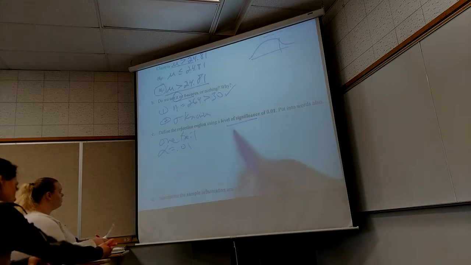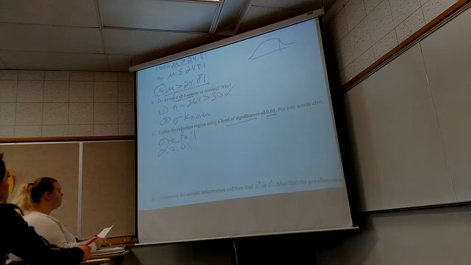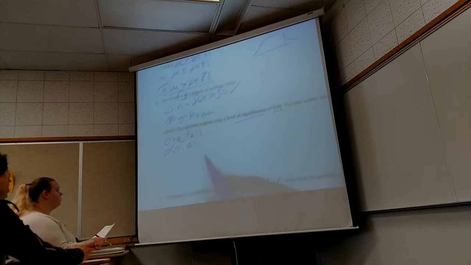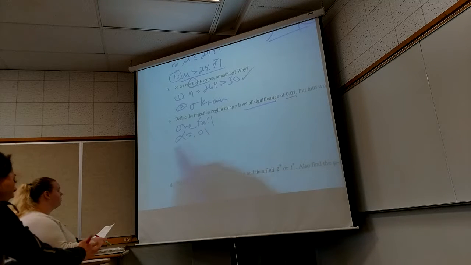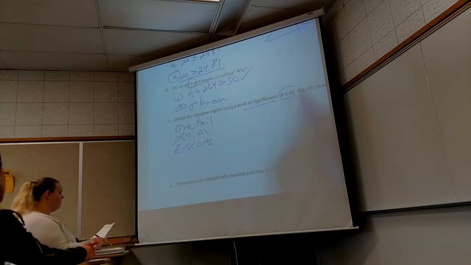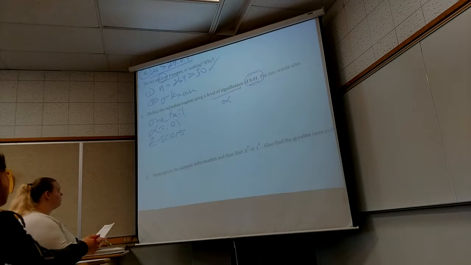I don't know if I used that phrase yet, level of significance, but if you pass a test where this alpha is even smaller, that's a more significant test you've passed. That's why it's called a level of significance. So 1 tail, alpha 0.01, Z-scores. I gave it to you. Again, level of significance, another name for alpha.